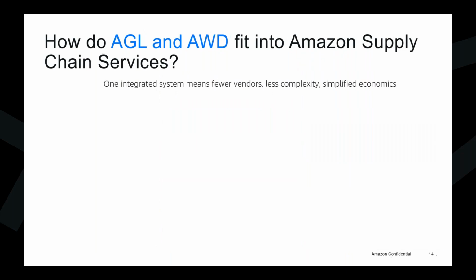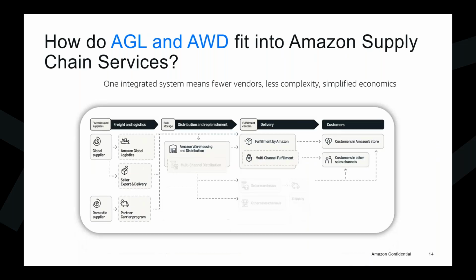Coming back to the Amazon Global Logistics and AWD, since this is still an Amazon Global Logistics presentation, I want to go back to this and how it fits within the Amazon supply chain services. With Amazon Global Logistics, you would be covering the first part, the freight and logistics from China to the fulfillment center in the EU, UK, and US.